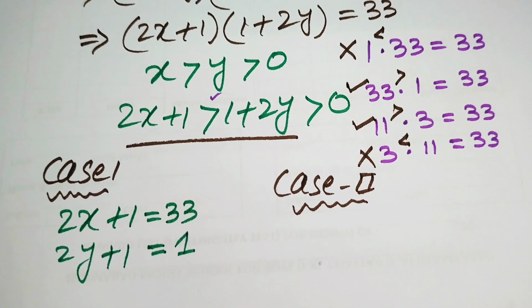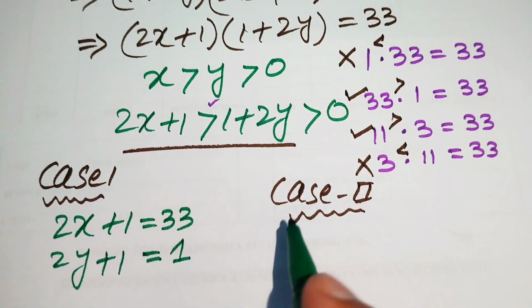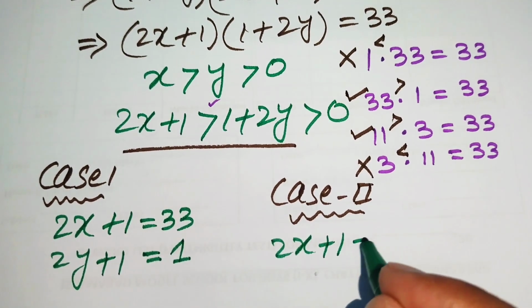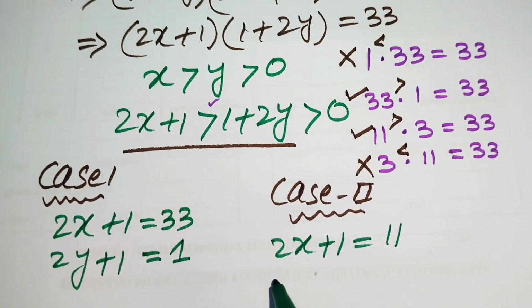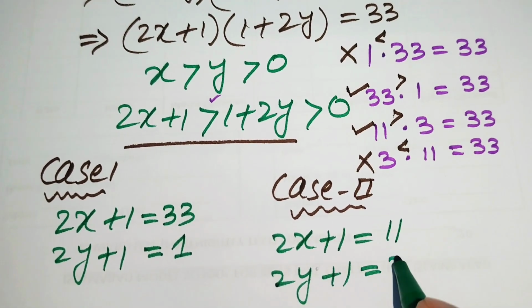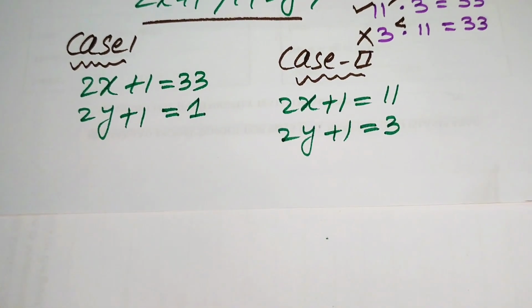So this is case number 1, and in the second case we compare the left hand side with these values, and it is 2x plus 1 equals 11, and 2y plus 1 equals 3. So we have these two cases, and now we can solve them and easily get the values of x and y.